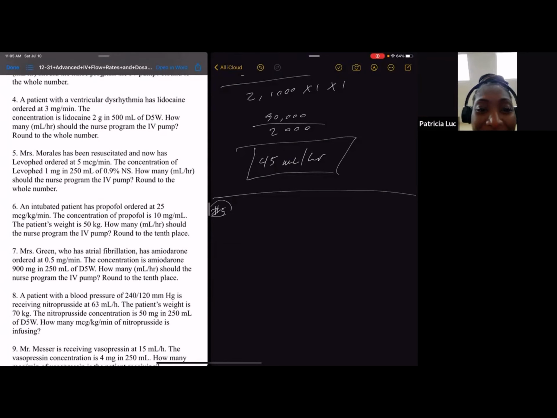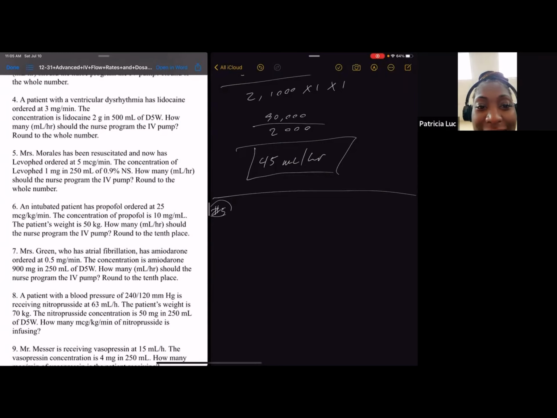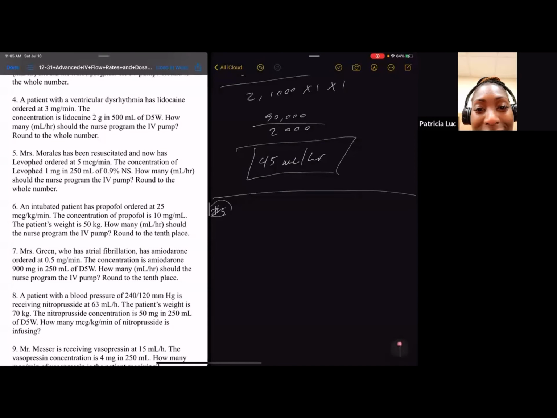Number 5. Miss Morales has been resuscitated and now has her Levophed ordered at 5 mcg per minute. So my desired dose is 5 mcg a minute. The concentration of Levophed is 1 milligram in 250 ml of 0.9 normal saline.